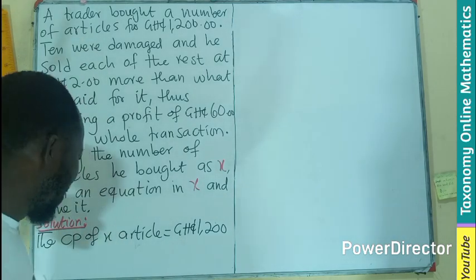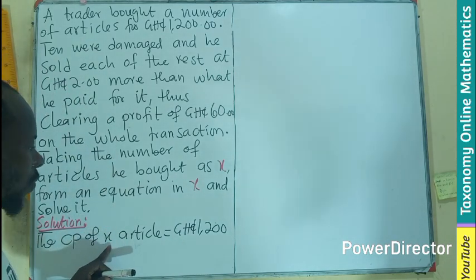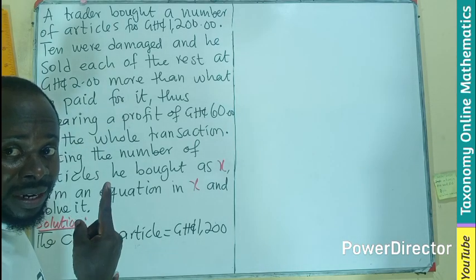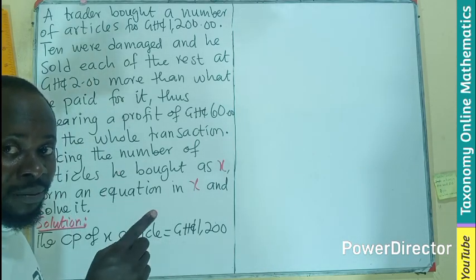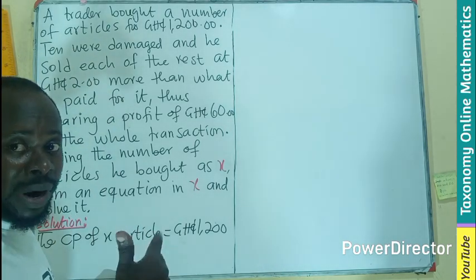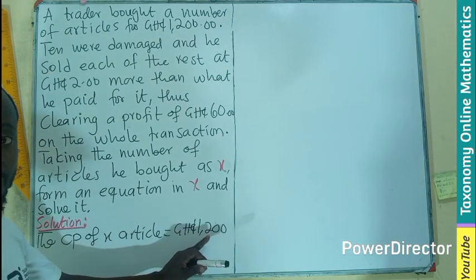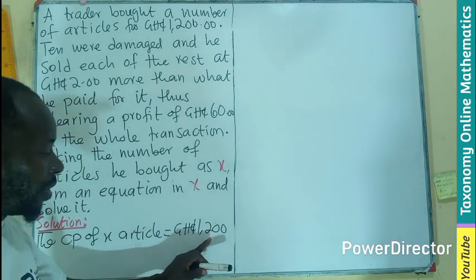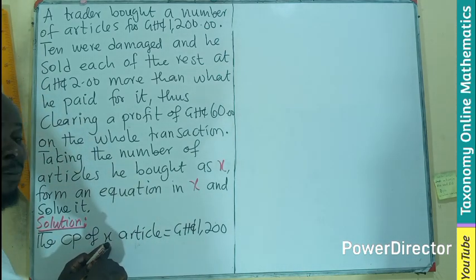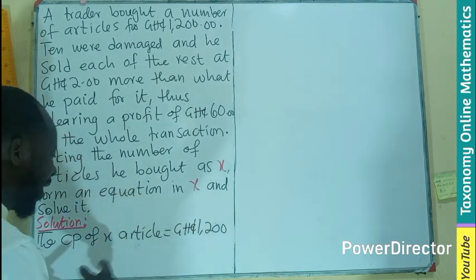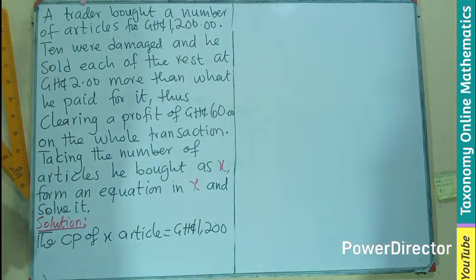Now if this is the cost price of all the articles bought, what will be the cost price of only one, if all of them have the same price? It means that if all were bought for this, to get one of them we divide by the total number. If I divide this by the total number, I shall find the cost price of each.